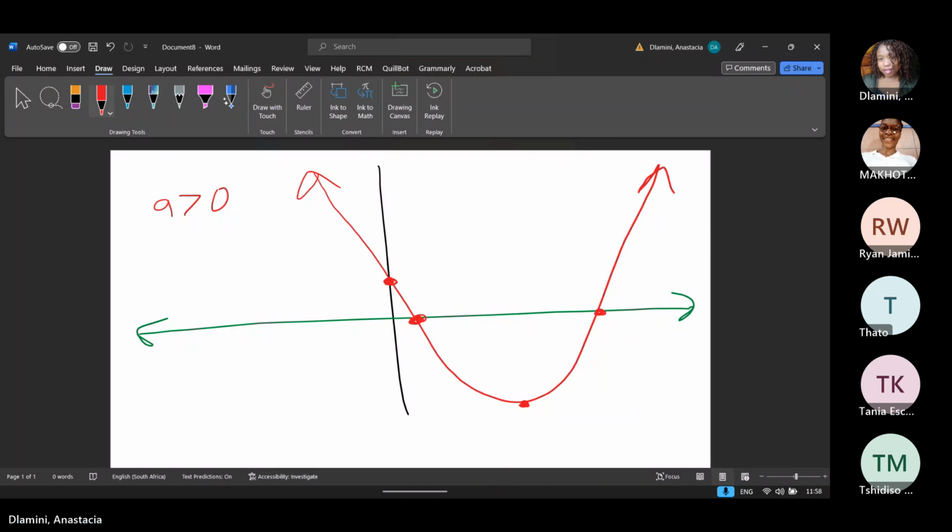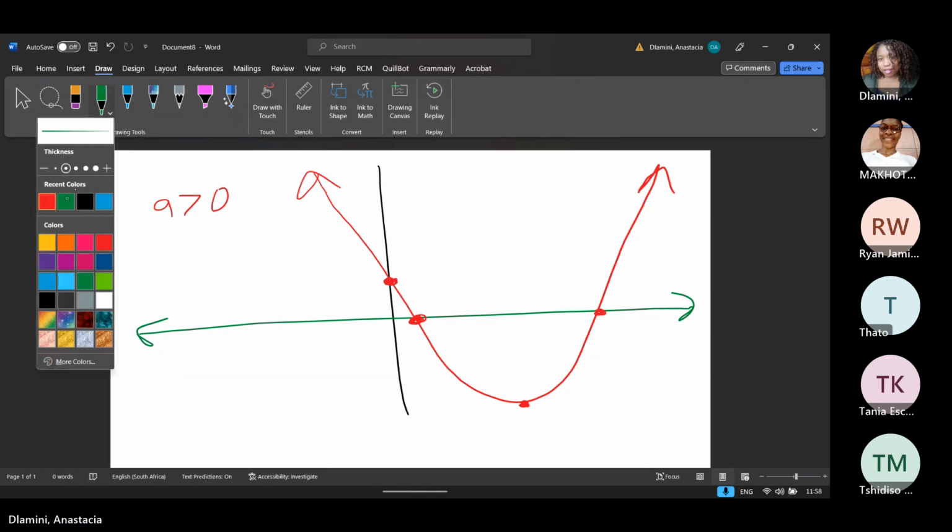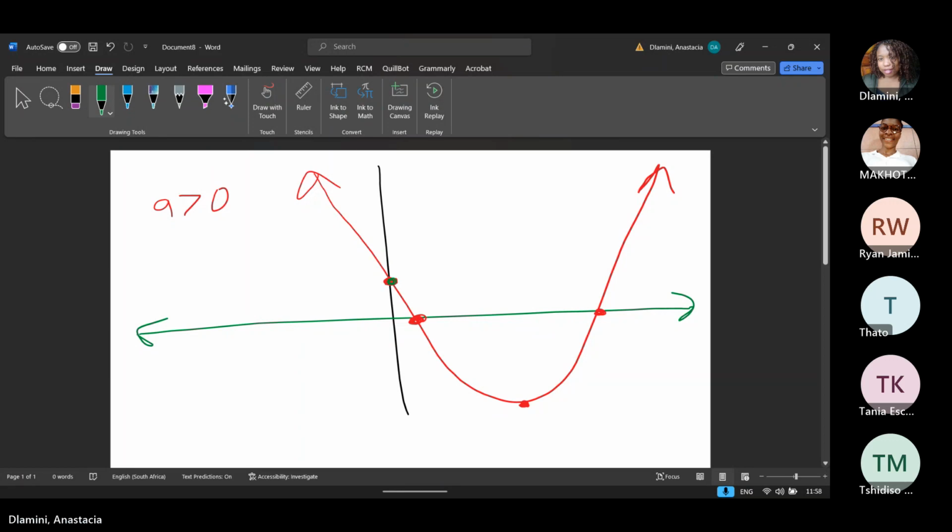Now, what is this point called? It's called our y-cut, or in a normal term, they'll say y-intercept. What are these two points called?